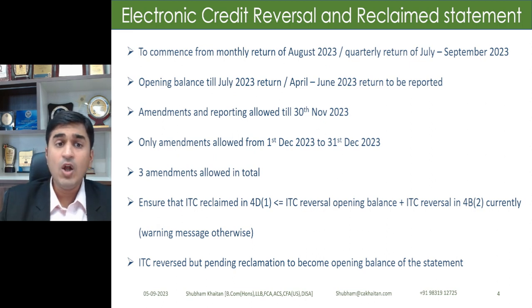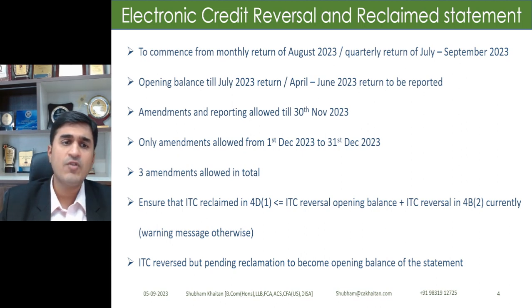So all we need to do is report the opening balance, which is up to the July 2023 return in case of monthly taxpayers. In case of quarterly, it would be April to June, because for quarterly taxpayers, the posting in this statement would start automatically from July to September.